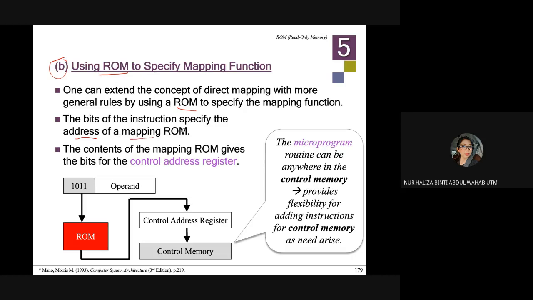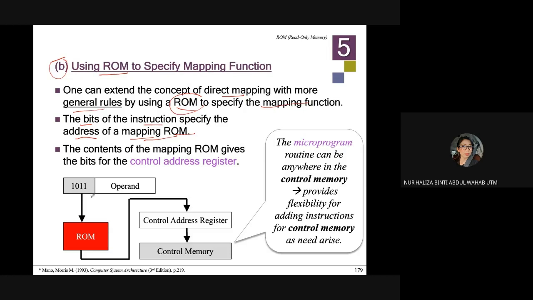One can extend the concept of direct mapping with more general rules by using the ROM to specify the mapping function. So the bits of the instruction specify the address in the mapping ROM.